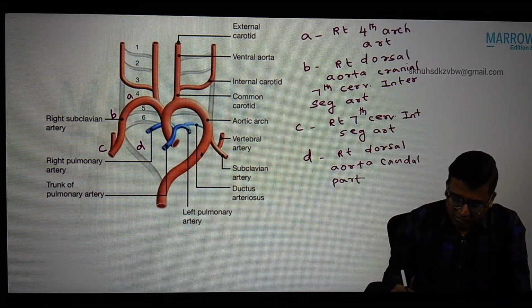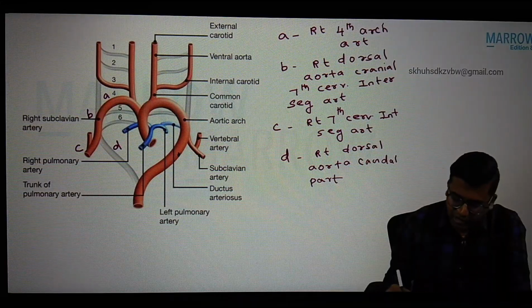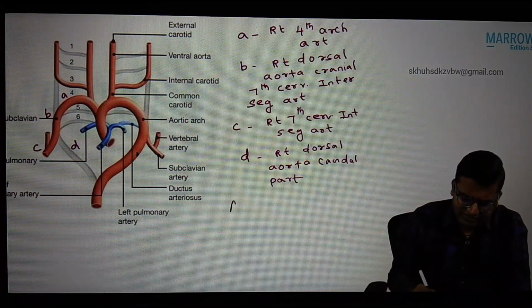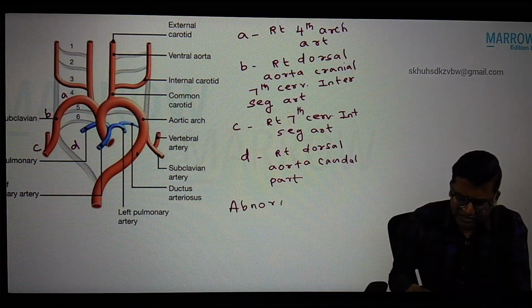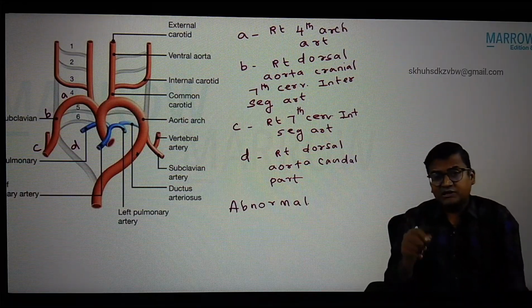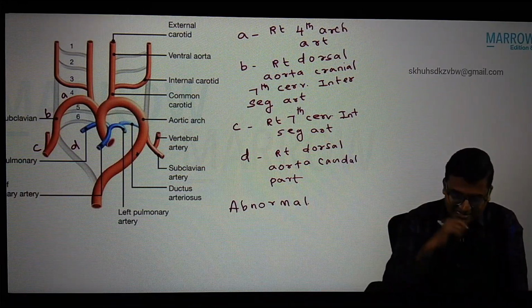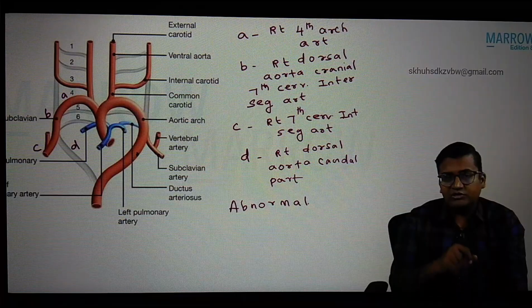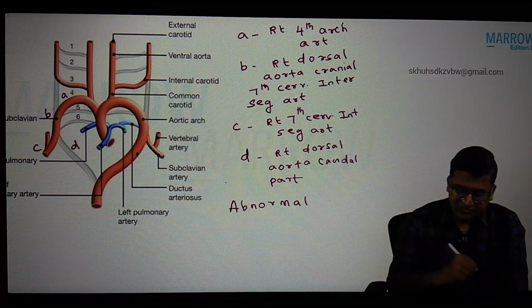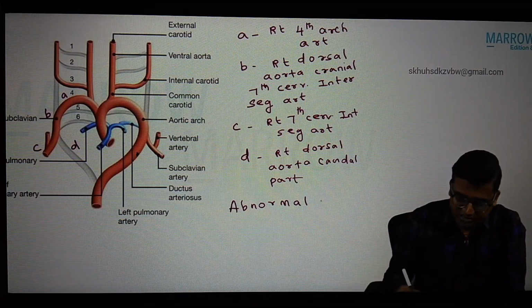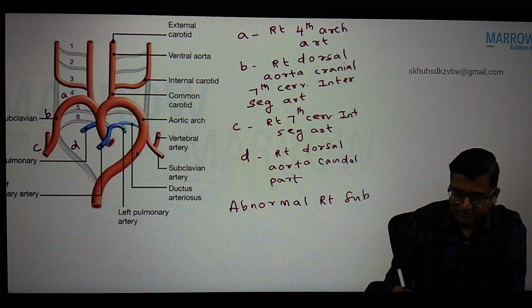Right. Now we're going to discuss the abnormal right subclavian artery. Very, very important. We are getting questions repeatedly. Again, this is an expected question for the FMG exam, INICET exam, and NEET exam. For 2022 FMG and INICET exams, yes, we are expecting a question from this abnormal right subclavian artery.